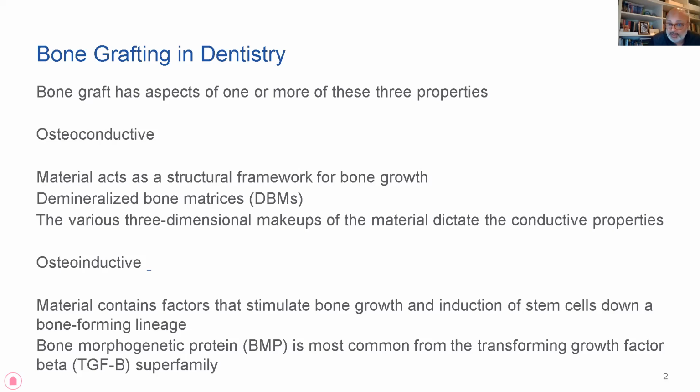Bone morphogenic protein is commonly found in the transforming growth factor beta superfamily, TGF-beta. It's not as easy to get hold of and use. You need a license for it. There are bone substitutes and grafts out there that do contain BMP. One of the ones that comes to mind, which I have also used, is Mineross by BioHorizons.